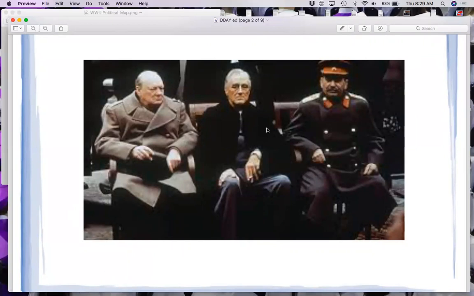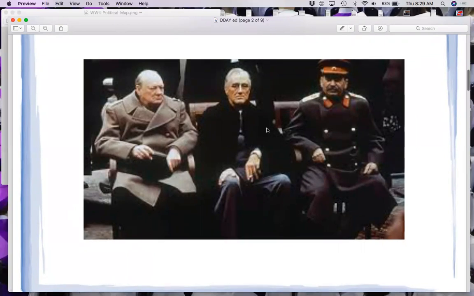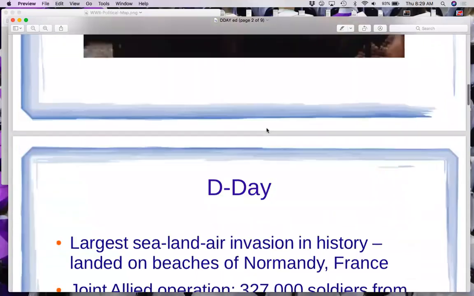But in this war, it was one of those things where the enemy of my enemy is my friend. And so Stalin joined with UK and the US, and these were the three men who were leading, at least the political leaders at the time.